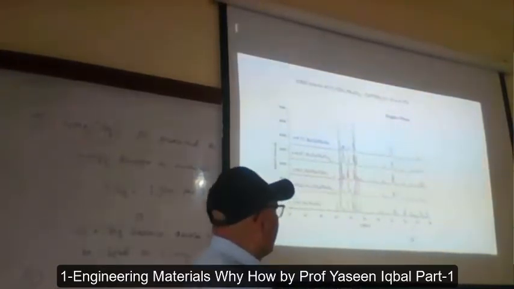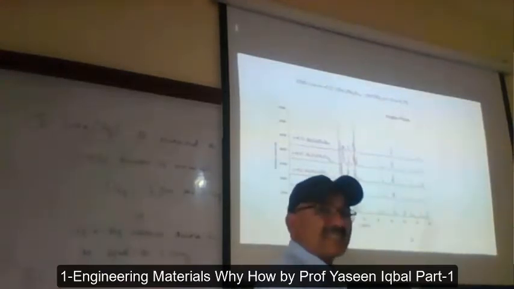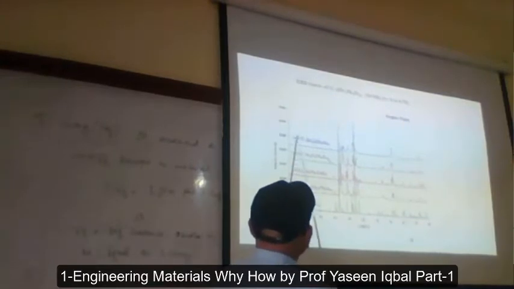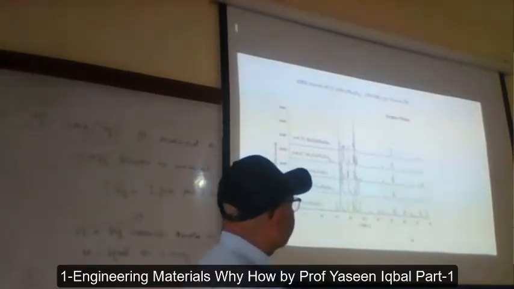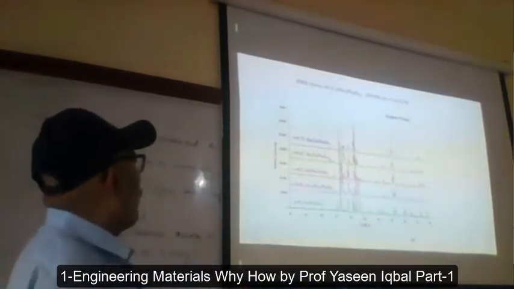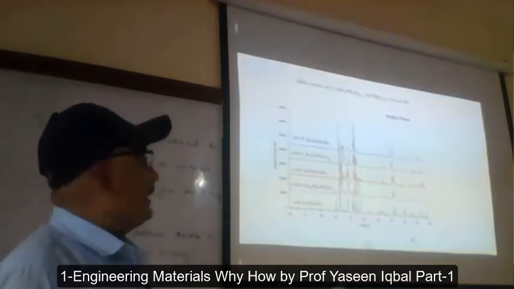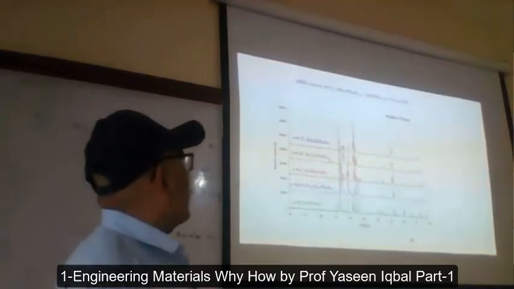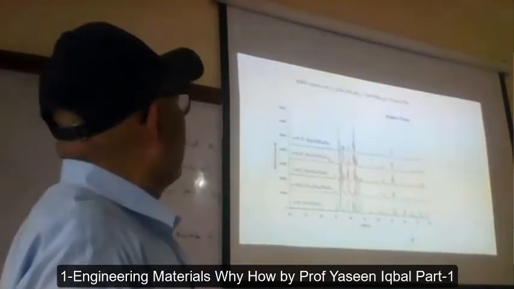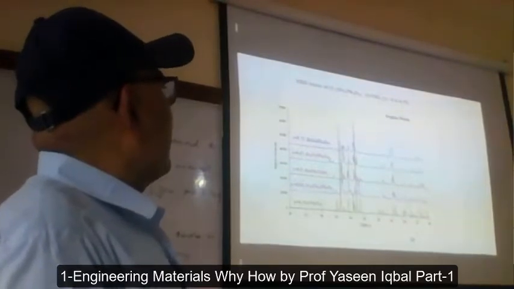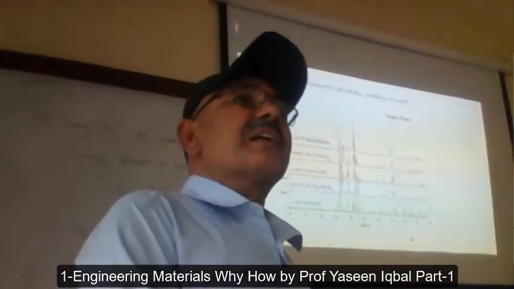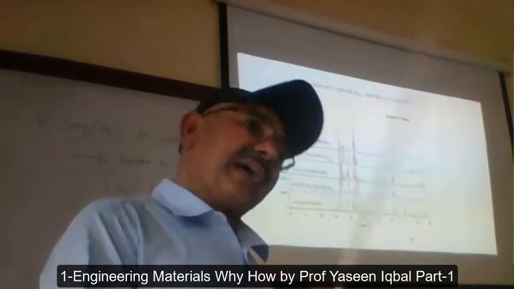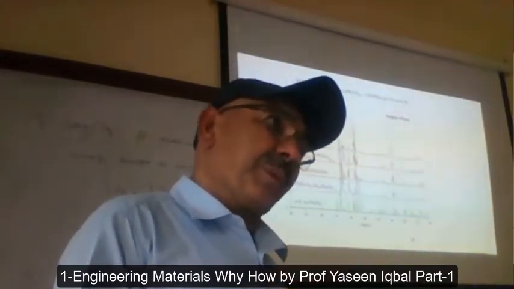So the material is almost single phase, and I have changed here the Y. The formula is there: (1-Y) Sr4Nb4O14 · Y SrTiO3. So it contains all the three contents: strontium titanate, titanium, and strontium niobate.